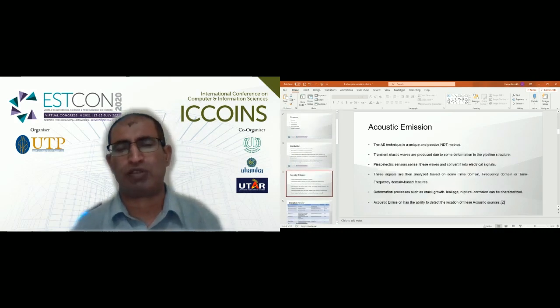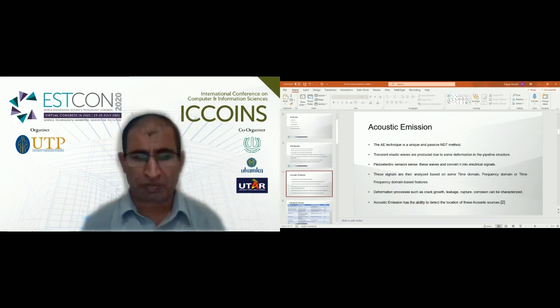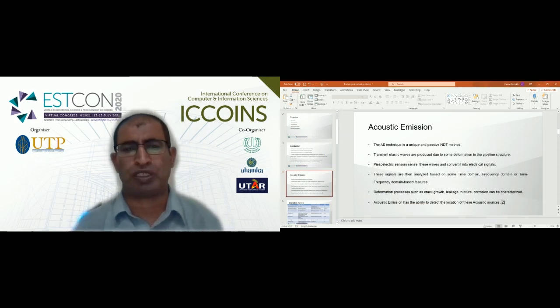So, what is acoustic emission? Acoustic emission is a technique which is a non-destructive method. It can be used to check any kind of deformation in any structure. If there is any deformation, transient elastic waves are produced.